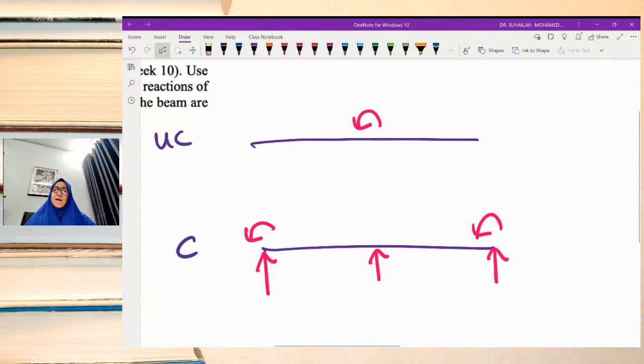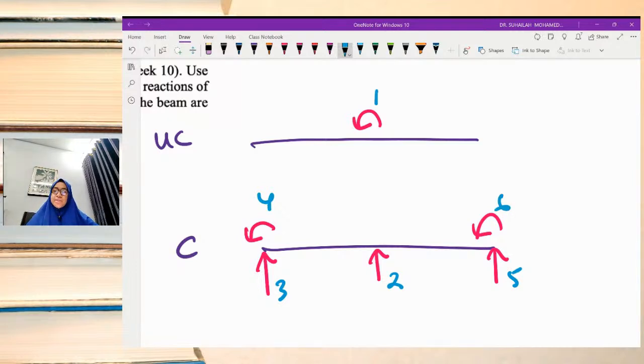So in total there are 6. We label starting from unconstrained 1, then 2, 3, 4, 5, 6. So this is how we label this.